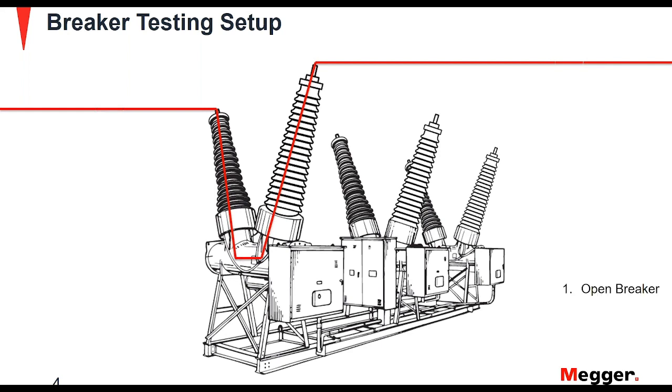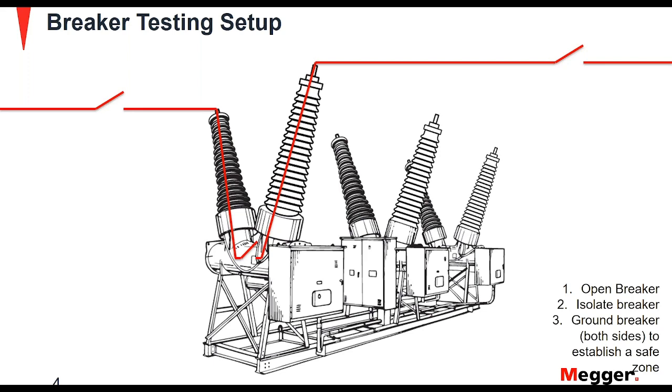First, you will open your breaker, and then you will open the isolators around this breaker to isolate it from the high voltage system. And after that, to make sure that this is a safe area for you to work and connect your test equipment, you will ground both sides of the breaker to establish what we call a safe zone.